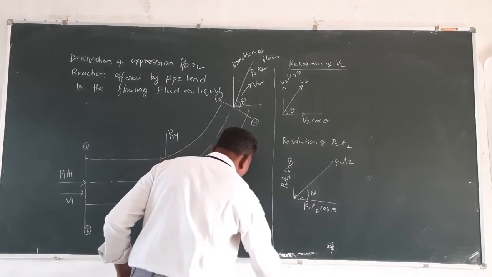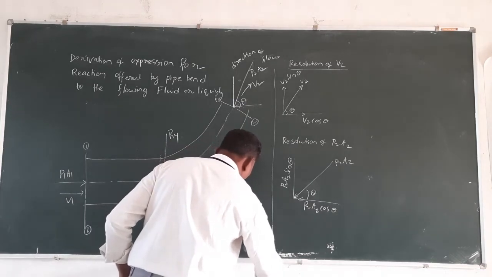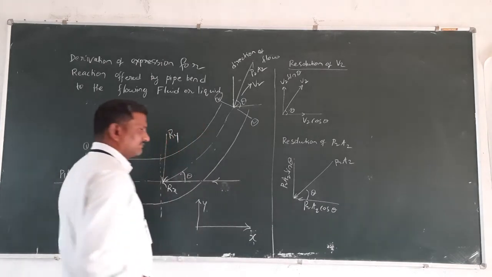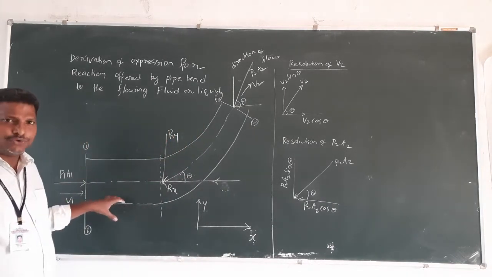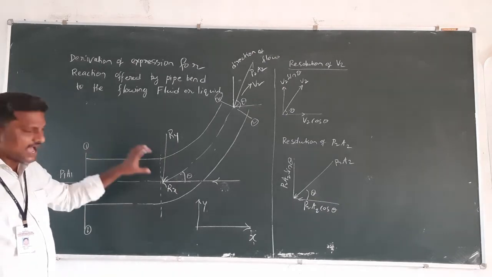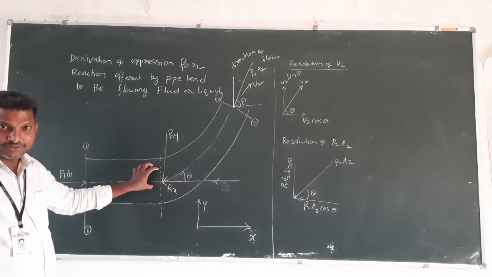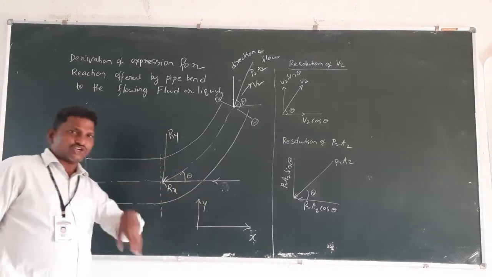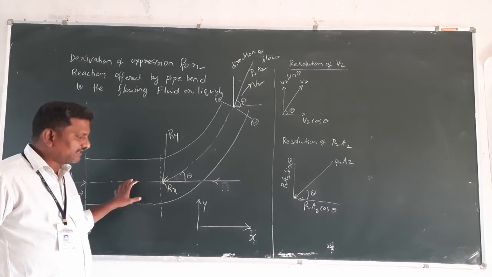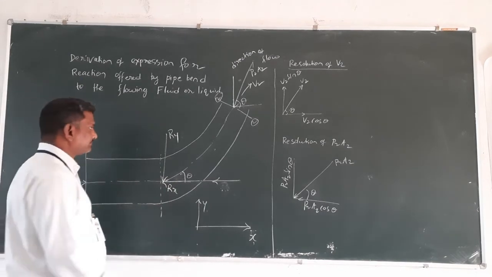This is the Fx direction, horizontal direction, and this is the vertical direction. We are going to take the net forces acting on the pipe bend. Otherwise, the reaction offered by the pipe to the fluid in x direction.